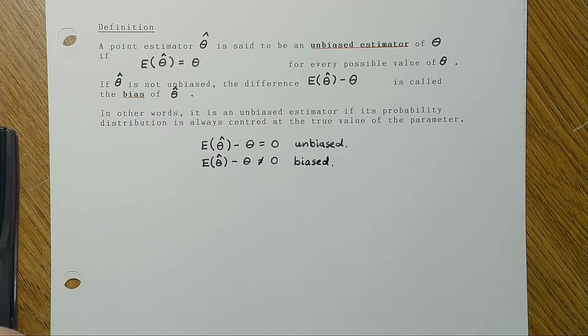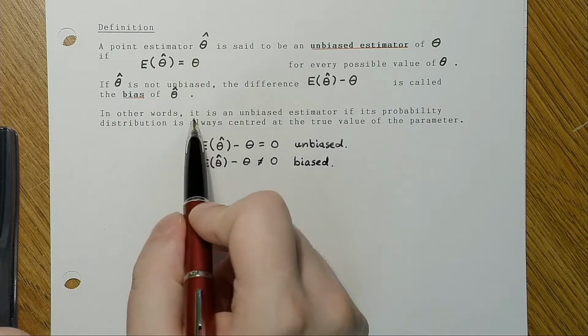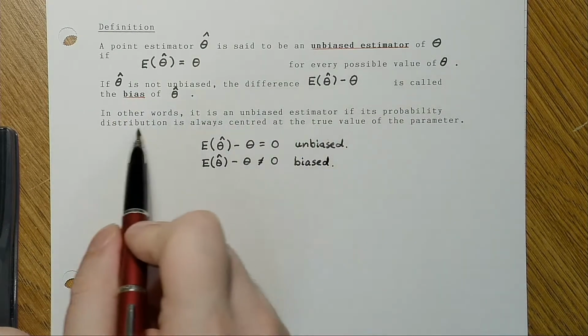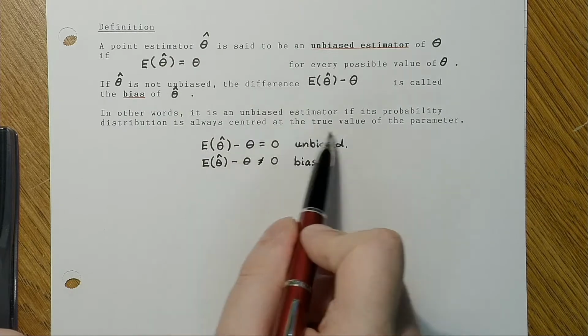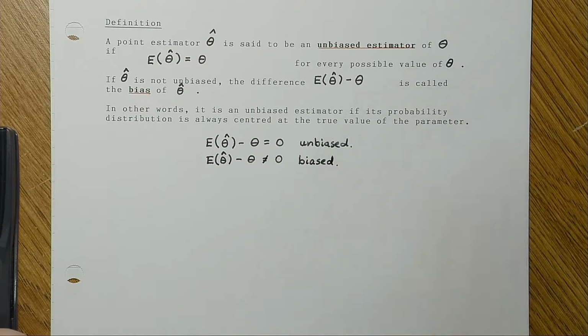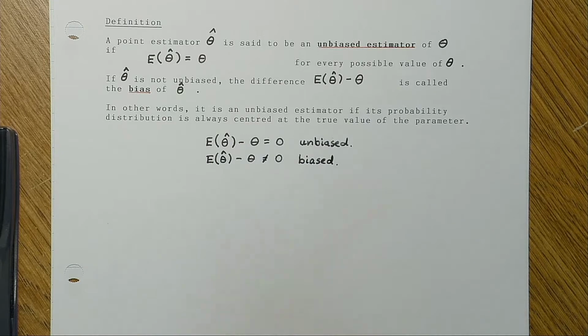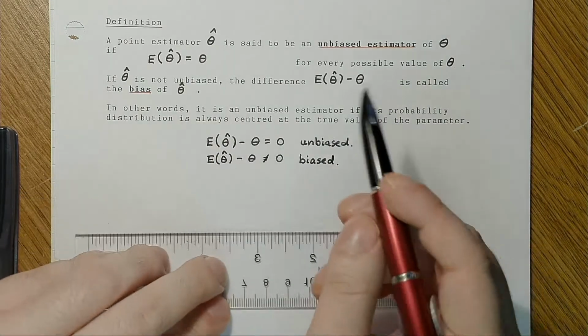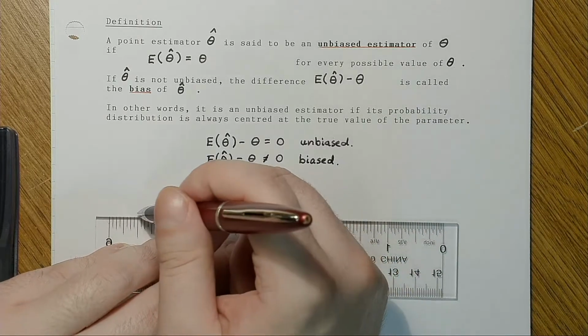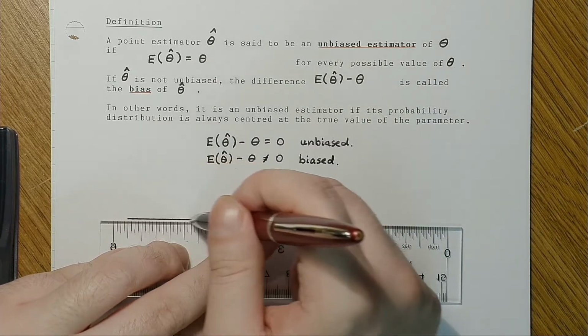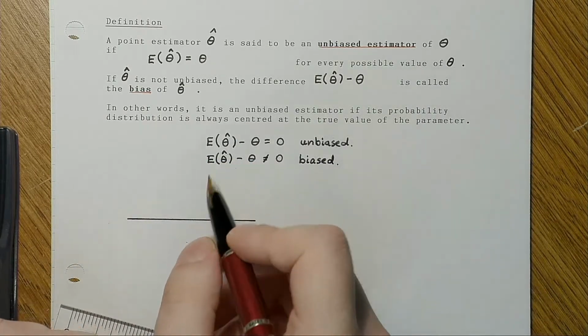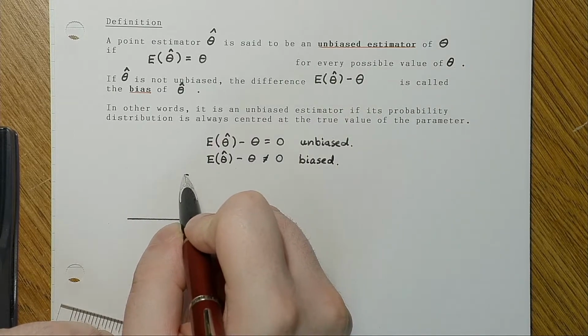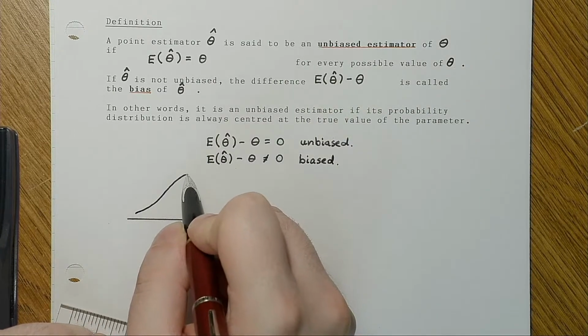So what does this mean? In other words, it is an unbiased estimator if its probability distribution is always centered around the true value of the parameter. So this is what we are worried about, is that, sure, we could have, let's say, this is what the true distribution looks like.